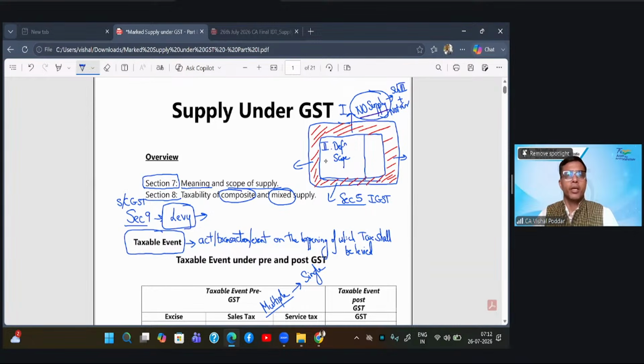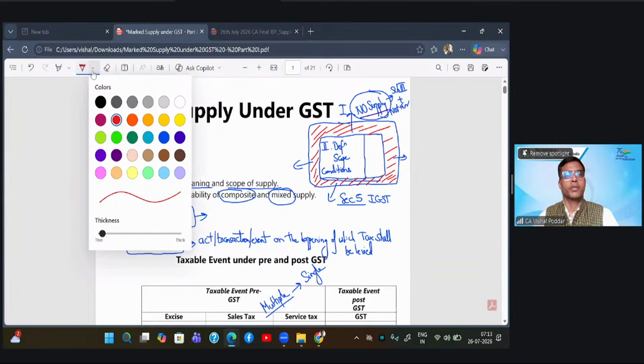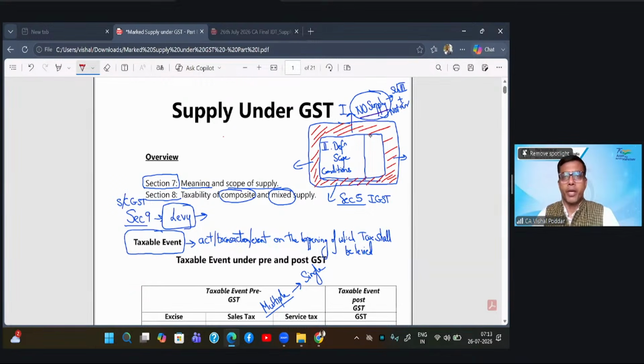So basically, what are the conditions to be fulfilled in order that the transaction can be treated as supply. Within the inner box, the transactions which satisfy the definition of supply will become supply, and those transactions which do not satisfy this definition will again be out of supply.